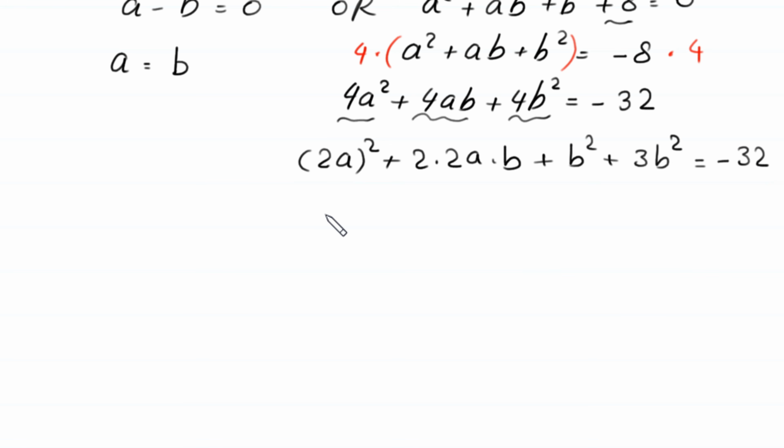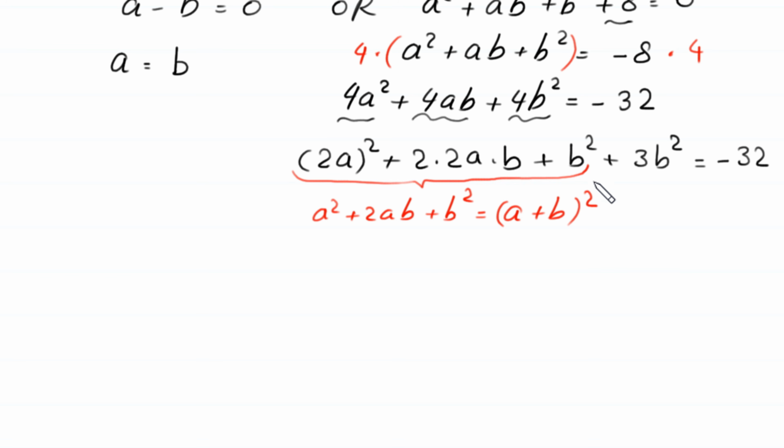Now by using this algebraic identity, a squared plus 2ab plus b squared is equal to (a plus b) whole squared, this (2a) squared plus 2 times 2a times b plus b squared will become (2a plus b) whole squared plus 3b squared is equal to negative 32.